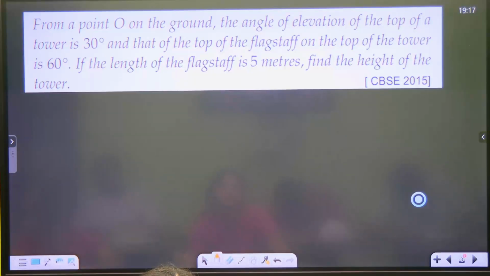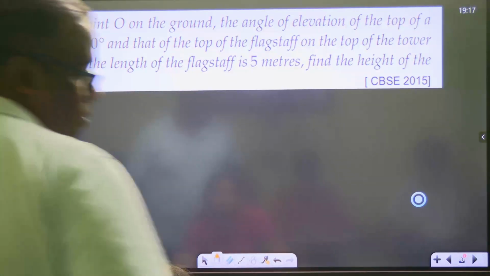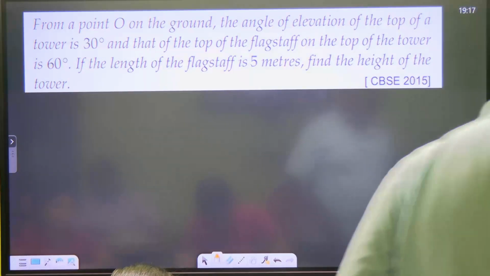Whenever ground is mentioned, children first make the horizontal ground. First ground banao. Ek horizontal line. Now read, on that line there is a point O. So mark one O. And from O, you will have one angle of elevation. Better make bigger diagrams. The bigger you make, the clarity improves. Okay.